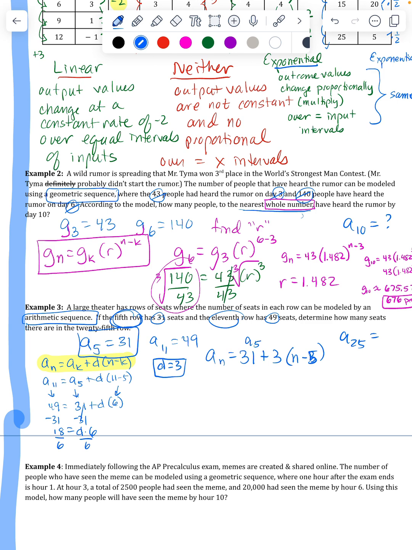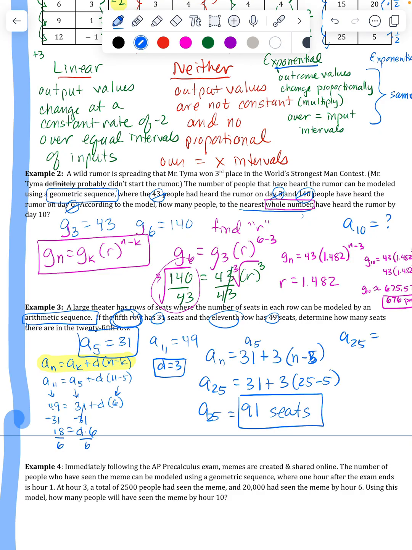Okay, and then I'm being asked to find the 25th term. And you could have distributed the 3 and simplified it, but you also could just put that 25 in here that you're looking for. And I would end up with 31 plus 3 times 20, essentially. And so the 25th row will have 91 seats.